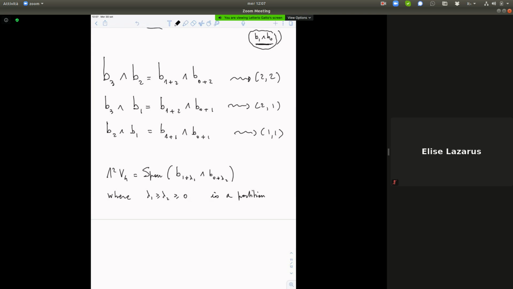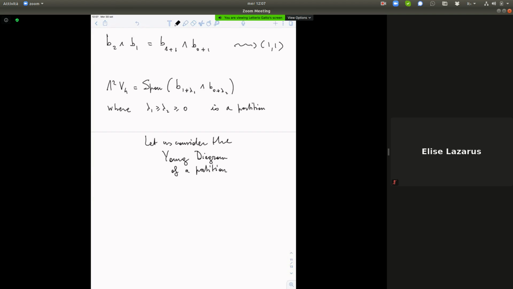But it is easy to describe because we can consider the Young diagram of a partition. The Young diagram of a partition is just this.